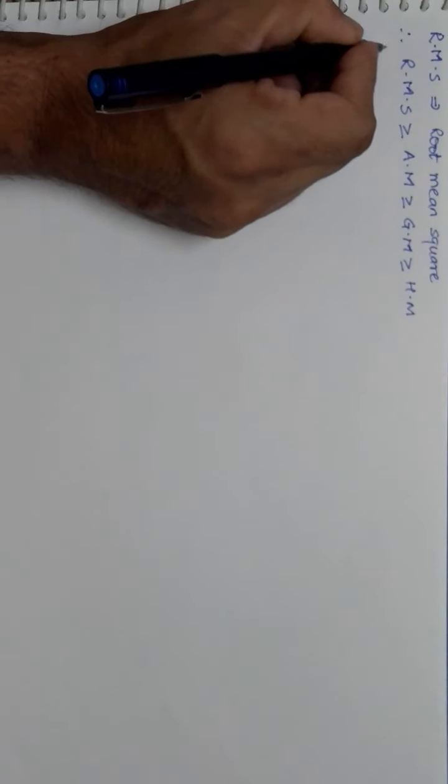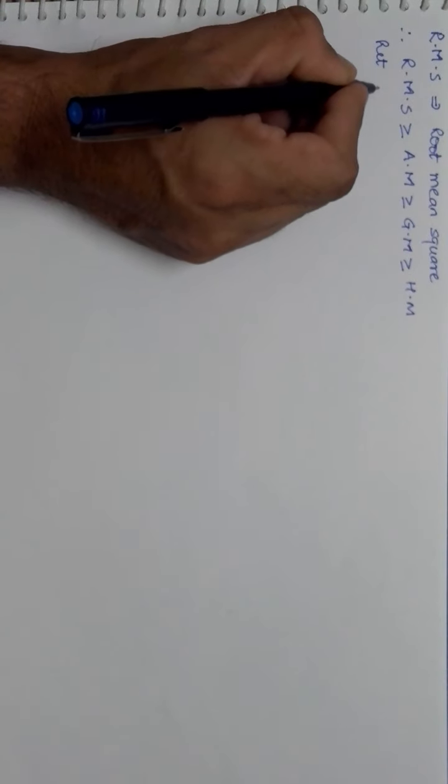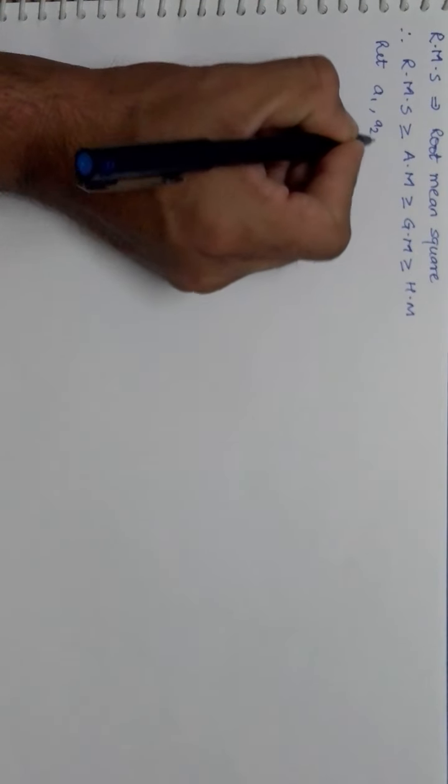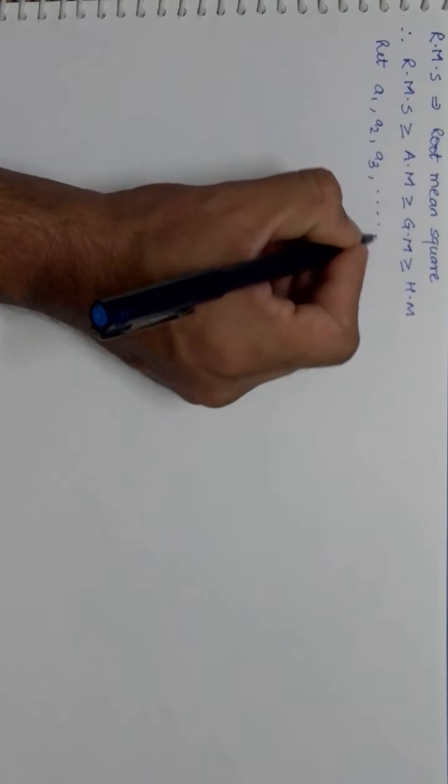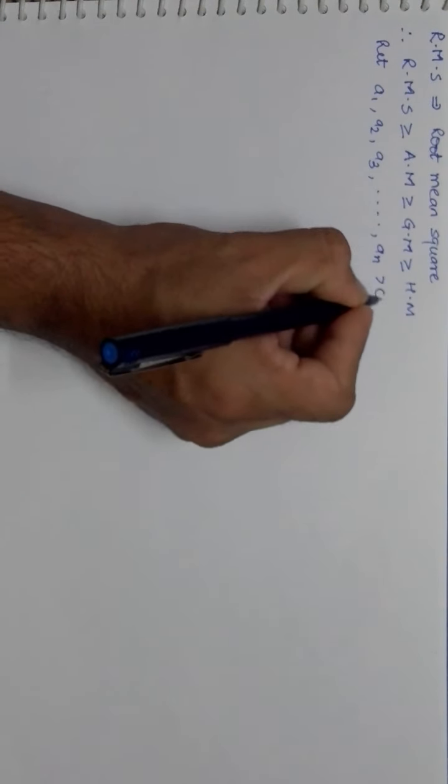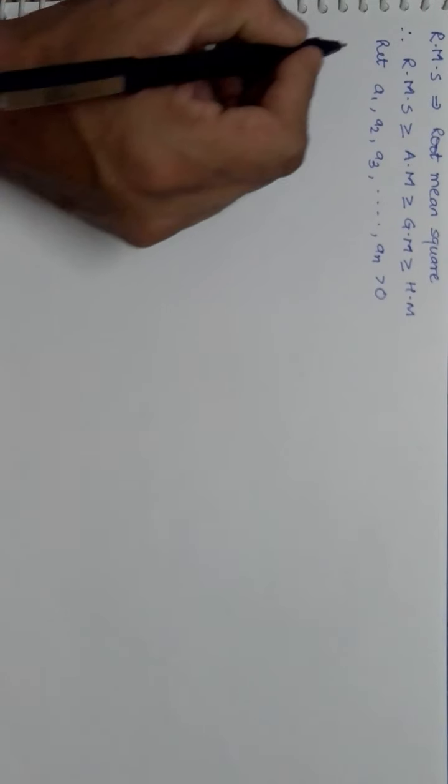So I will say here, let A1, A2, A3 and so on up to AN be positive numbers. This relationship holds good only when the numbers are positive. Actually, there can be negative numbers also, but we will come to the discussion of that part later. So what is root mean square?